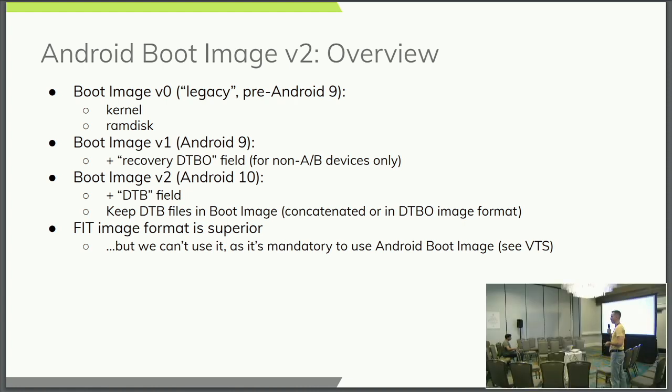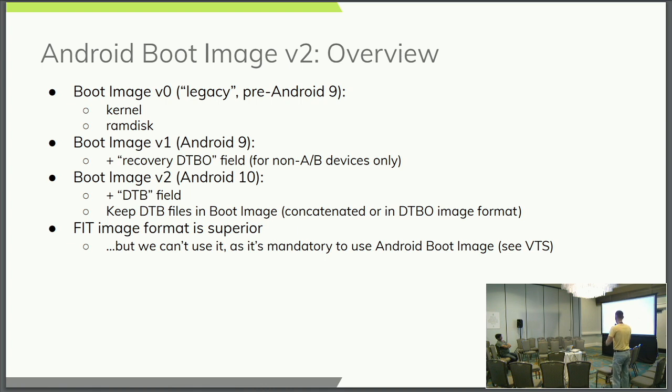Because before, a lot of vendors used to keep the DTB file appended to the kernel image or in some separate DTB partition. But now you should keep all DTB files in this boot image field called DTB, and you can keep it either as concatenated files if you have more than one file, right, or in some specific Android DTBO format. We will get to this DTBO format soon.